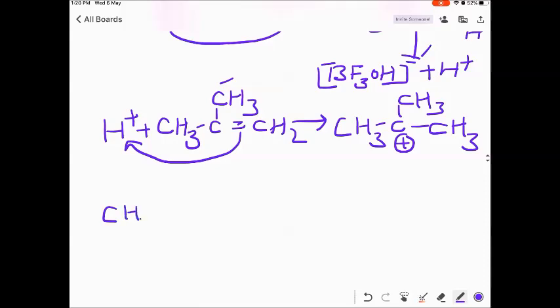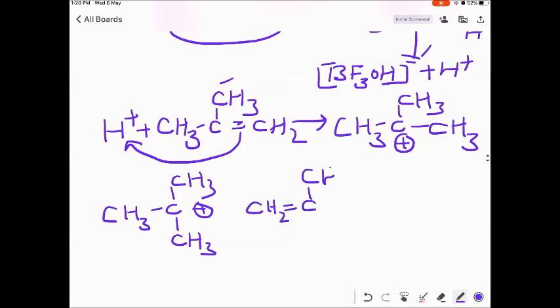We can write this carbocation like this. It will accept electrons from another chain, giving a new tertiary butyl carbocation. So we have this, and this pi bond can be shifted to give a new molecule.